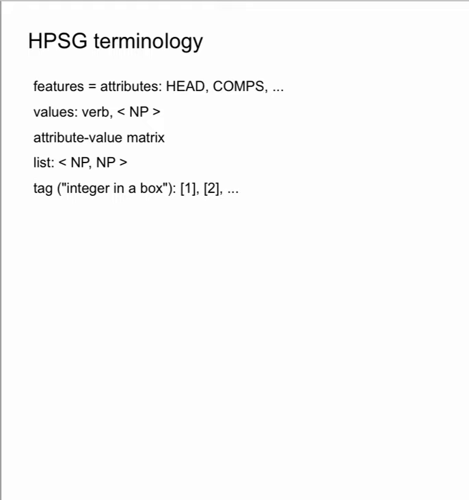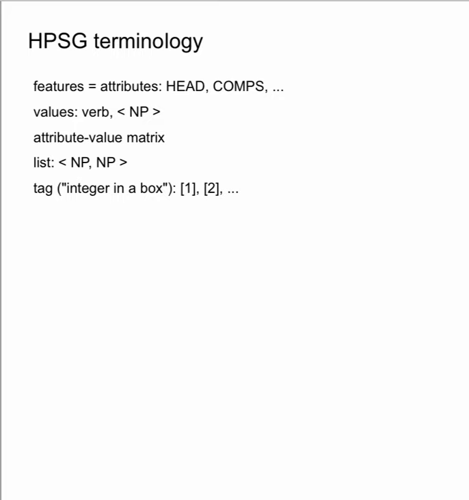In the following, we will also use what we call tags, which you write as integers in boxes. Or here I'm using these square brackets, but that's actually supposed to be a box around the number. We'll use these to indicate that in a larger structure, the values of two attributes are identical.